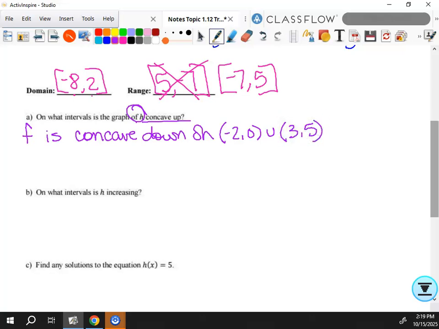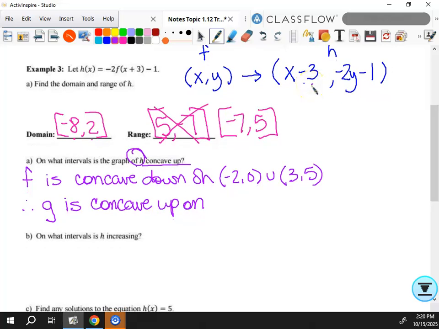So we know that by looking at the graph. Therefore, since we know things about our transformations, h is concave up on, and what do we do with these x values?